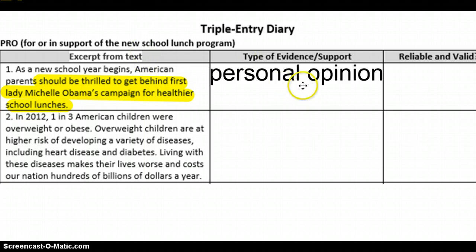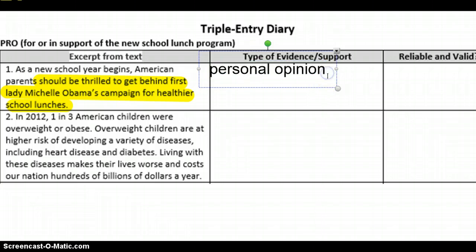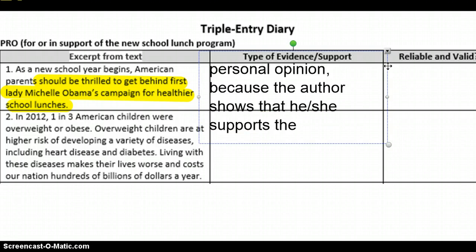And I'm also going to add a little bit more of an explanation here, just to show that I really understand why this is a personal opinion. Because the author shows that she supports the program.